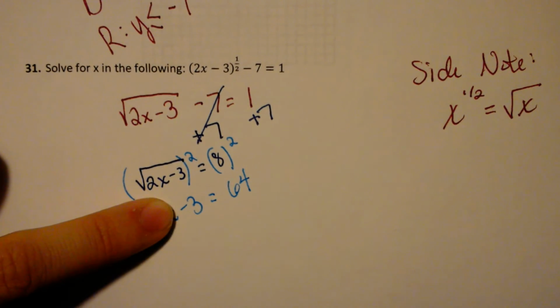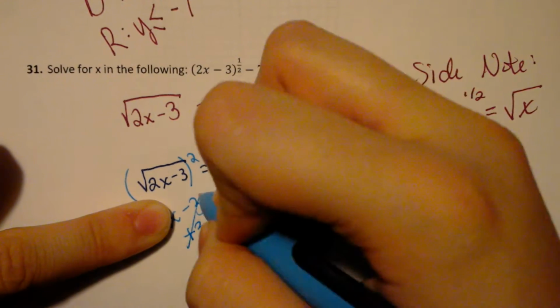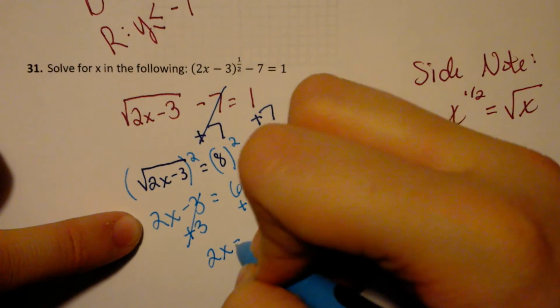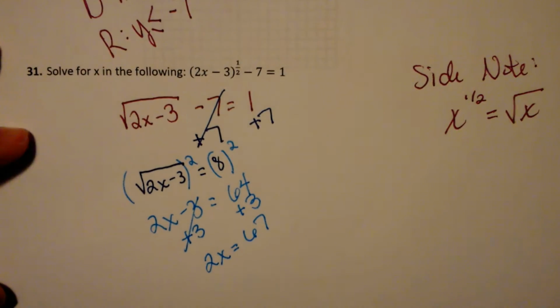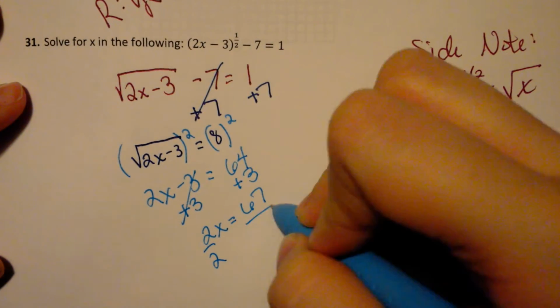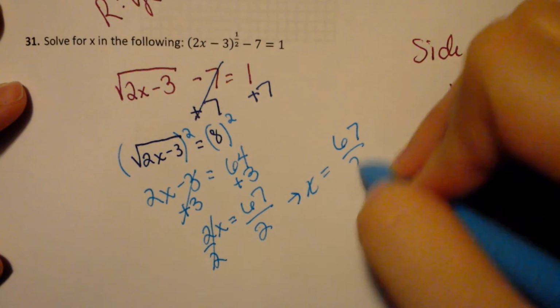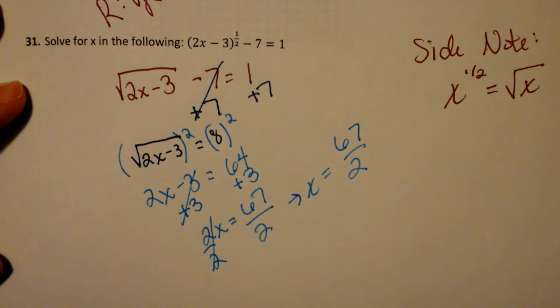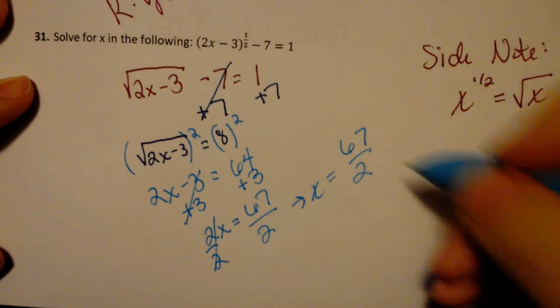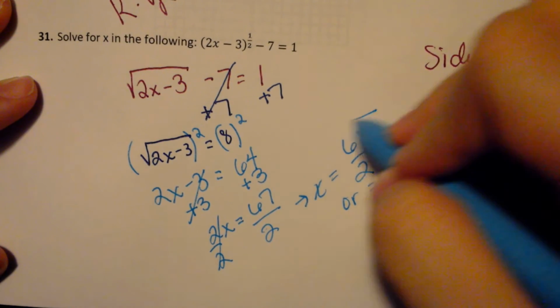So I need to add 3. And I get 2x equals 67. So from here, I'm going to divide by 2, and I have x. X is 67 halves, or 33.5.